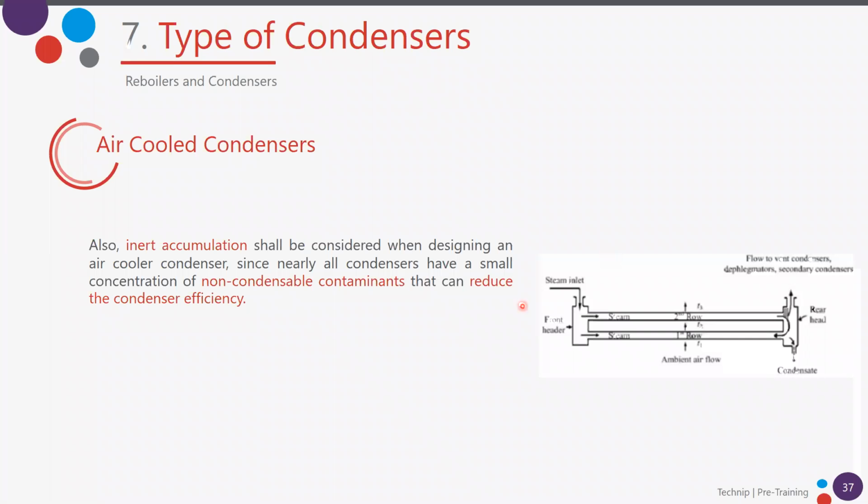Here in the sketch, we can see how we have our fluid we want to condensate, the inlet in this part. We pass through the tube, all the tube, and here we have a nozzle to take out the non-condensables. And here on the bottom of the air cooler, we have the condensate outlet.